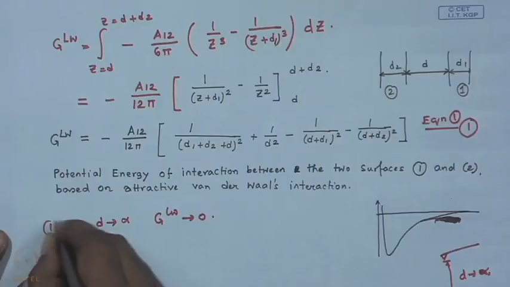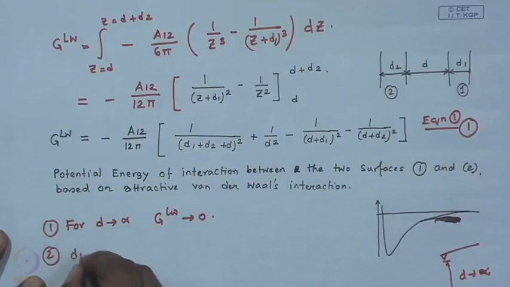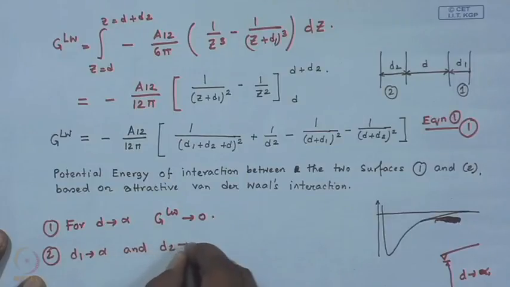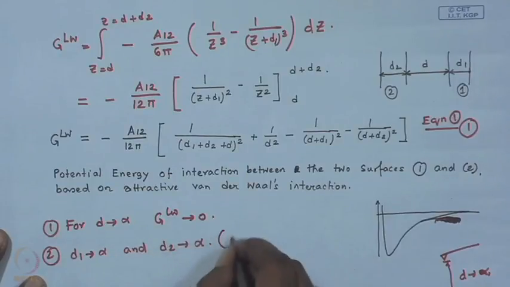The second thing that you may want to find out is the interaction between two semi-infinite blocks. What would be the condition for semi-infinite blocks? The condition would be d1 tending to infinity and d2 tending to infinity.